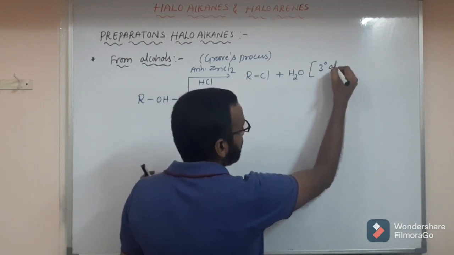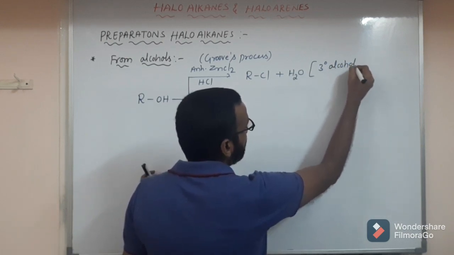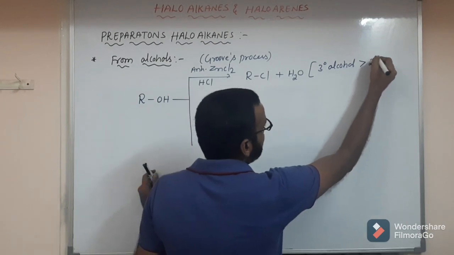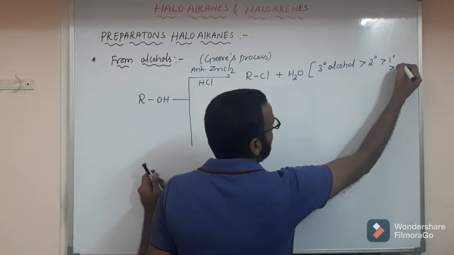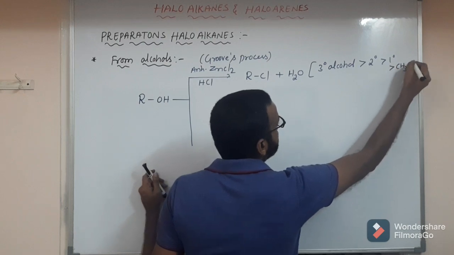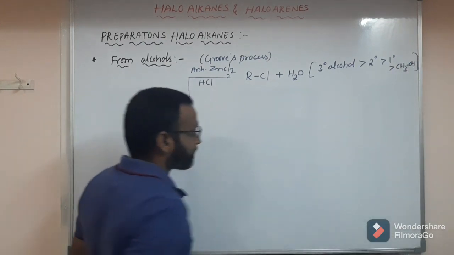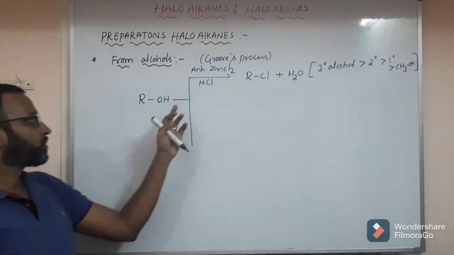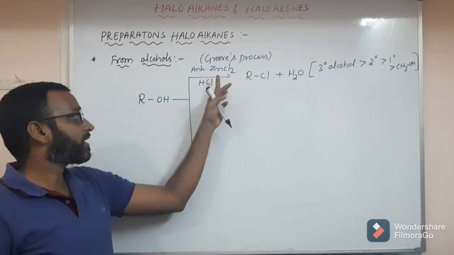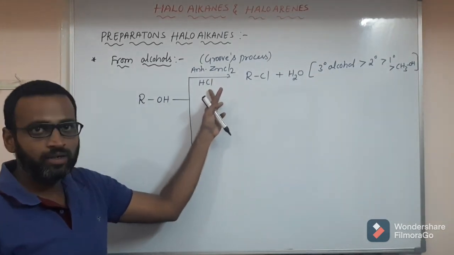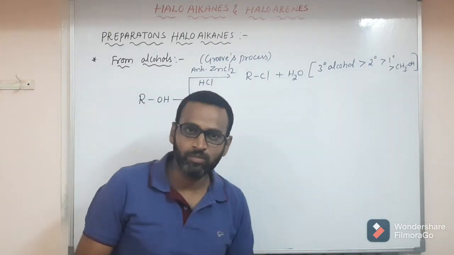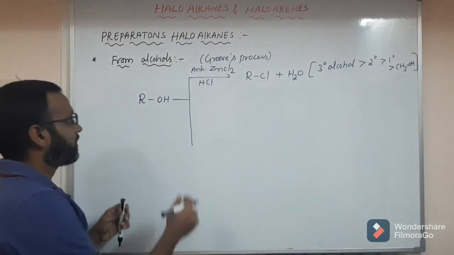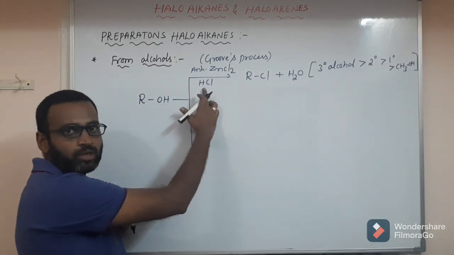Tertiary alcohol is more reactive than secondary, than primary, than methanol, CH3OH. So towards reaction with anhydrous ZnCl2 and HCl, tertiary alcohol is more suitable.